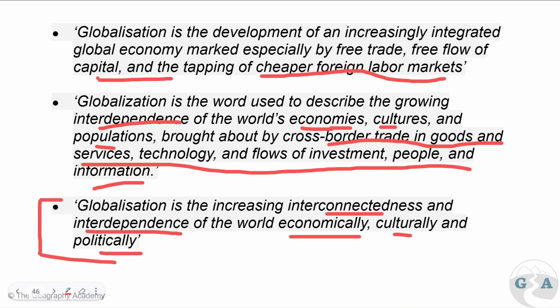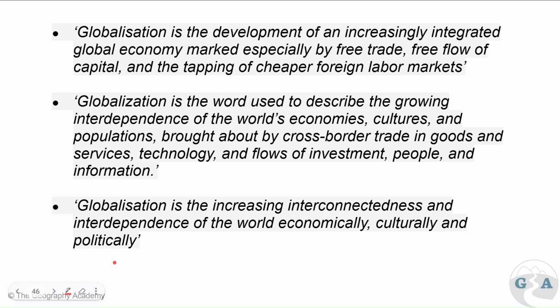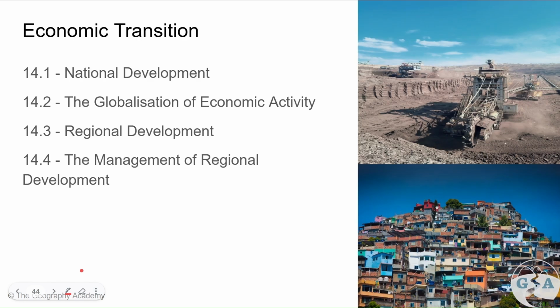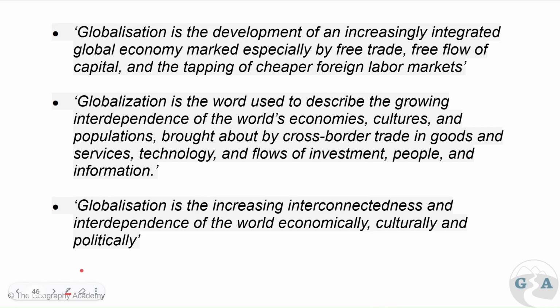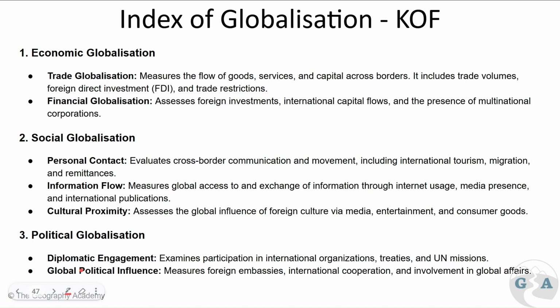So we're after going through a phase of the last sort of 50, 60 years of increased globalization. Now it might be coming to an end, but right now this is what's kind of faced the globalized world, and certainly what's come about with the globalization of the economic activity.